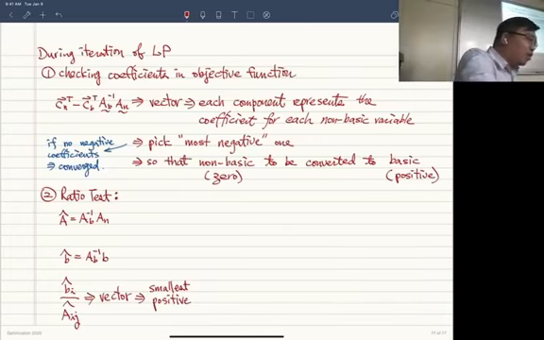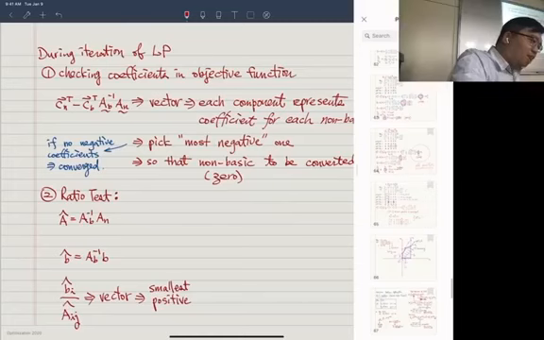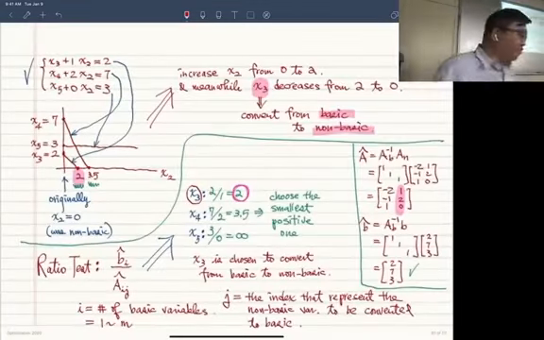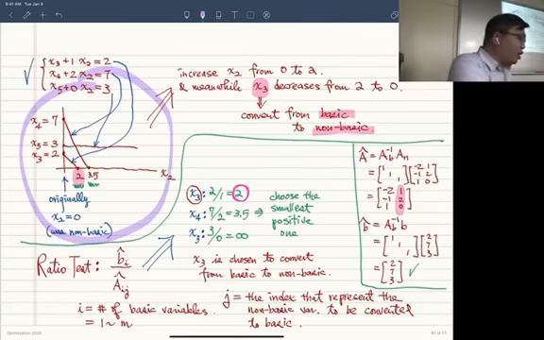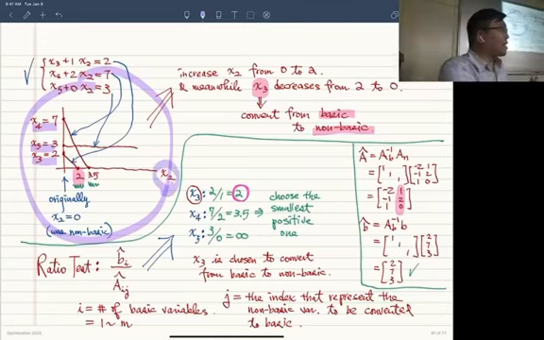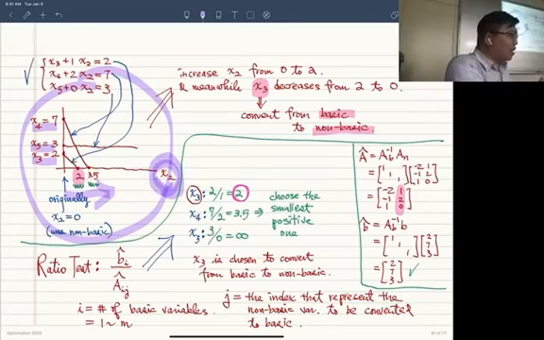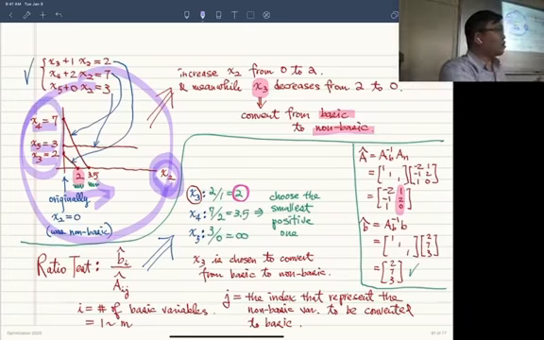If you still remember why we do this, this figure shows you why. When we did this example, we had 3 basic variables. They were positive, and our horizontal axis is our non-basic. We want to increase the value of the non-basic so it becomes positive. When we do that, these 3 basic variables will change their values.